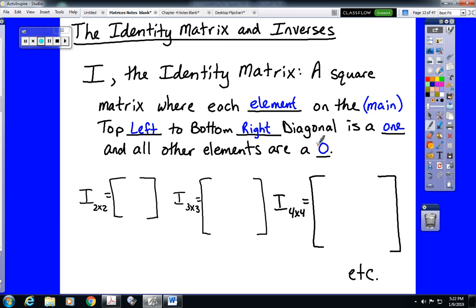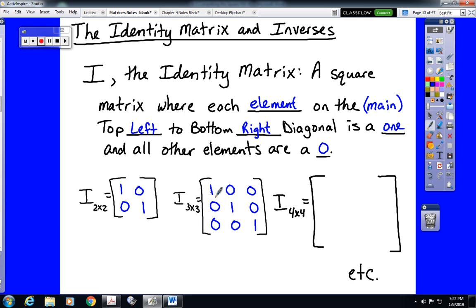So in a 2x2 matrix, the top left and the bottom right would be 1s, and the other two entries would be zeros. In a 3x3 matrix, the top left would be a 1, the rest of the first row is 0. The middle entry in the second row would be a 1, and the bottom right entry would be a 1.